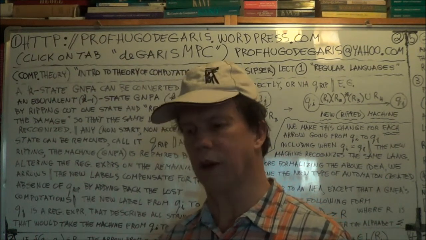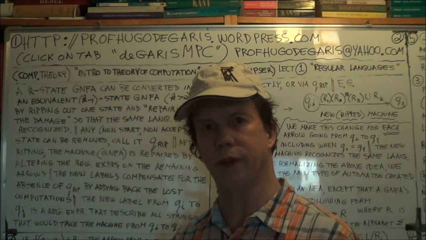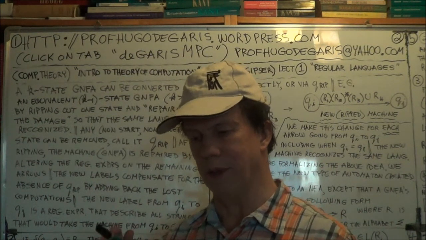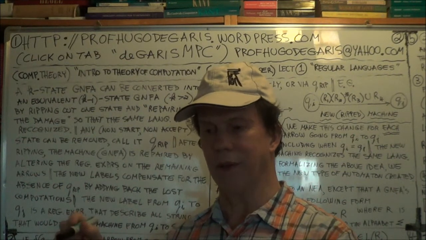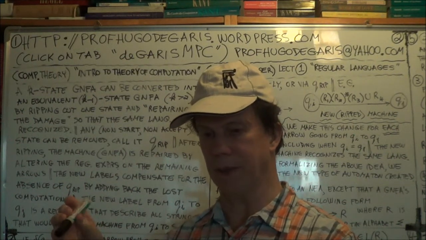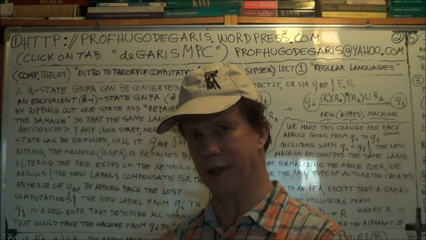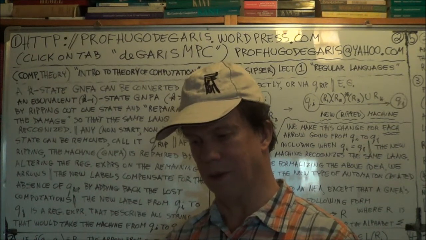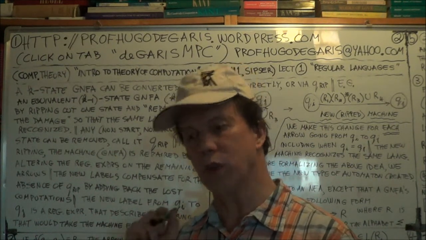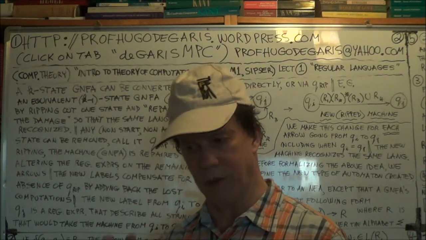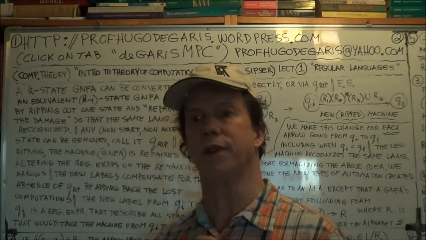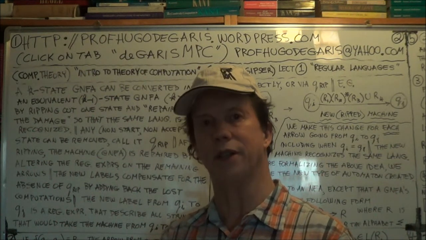Then you just look at the label on the transition arrow in that two-state GNFA. Those two states will be the start state and the accept state, and the label on that transition arrow will be the regular expression that is equivalent to your original DFA.